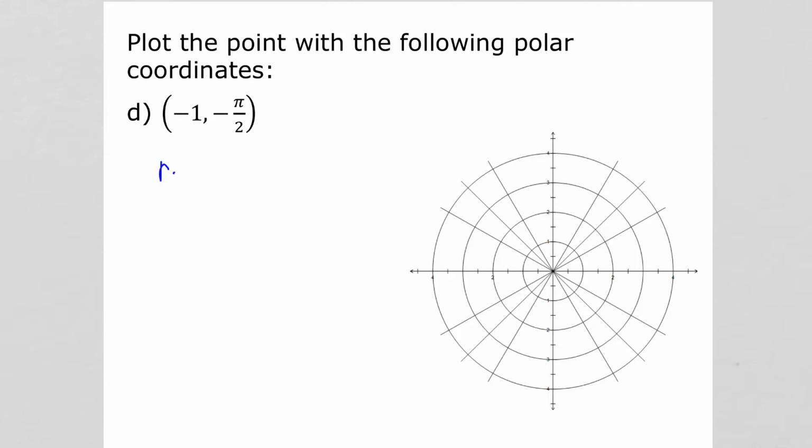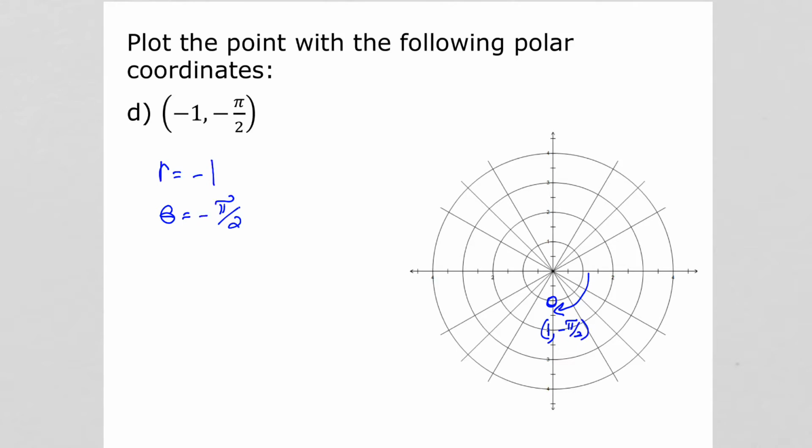Then for part D, the radius is negative again, -1, and theta is -pi over 2. So -pi over 2 would be down here. If we graph this point, then again, that is the point 1, -pi over 2.